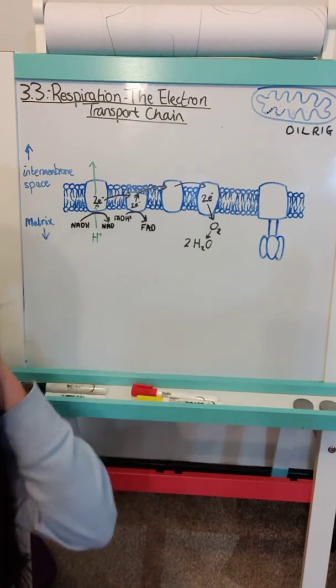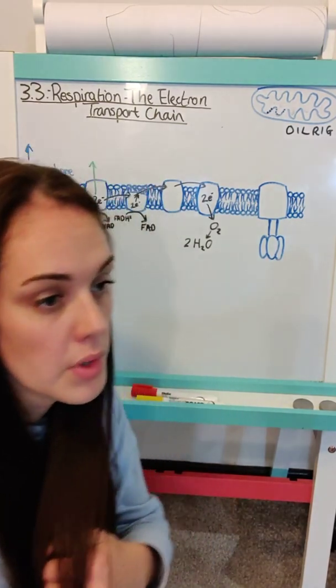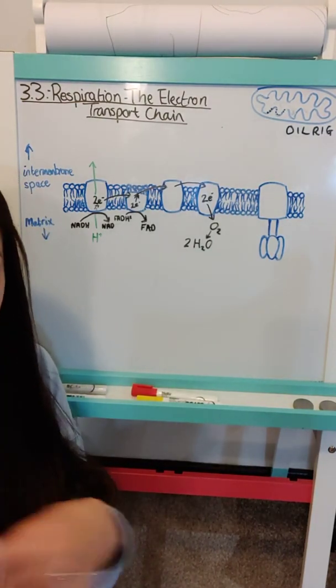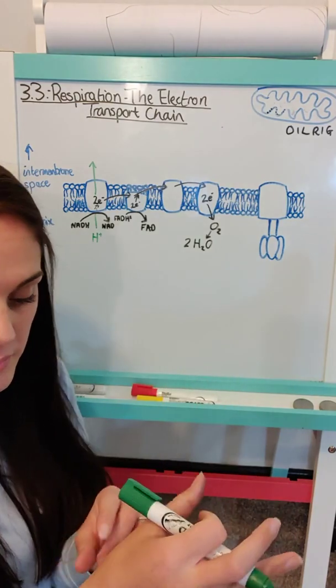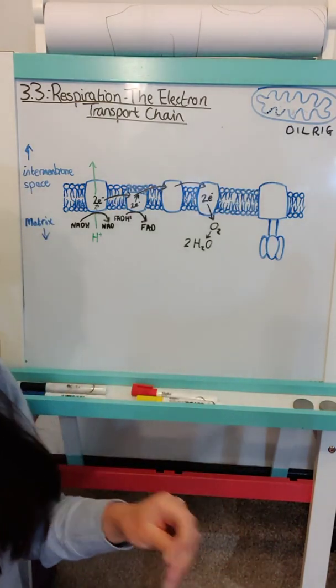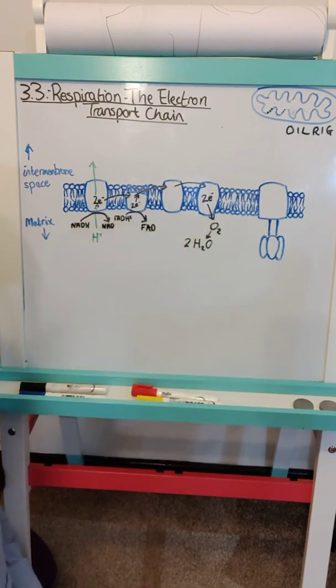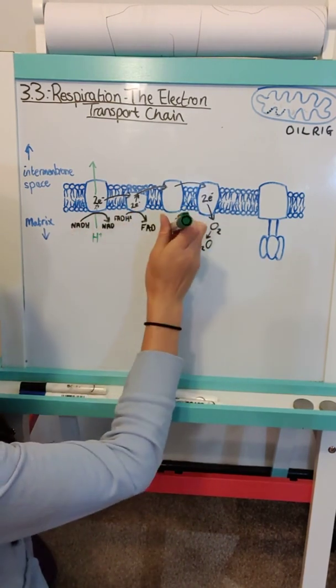And you can think of it in different ways. You don't have to be able to explain this, but you can think of it as the electrons moving through almost gives it a little bit of energy to pump the protons through, because the proton pump will only pump protons when the electron's moving through. This second one isn't a proton pump.